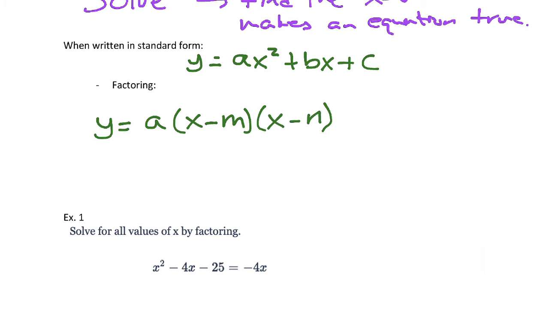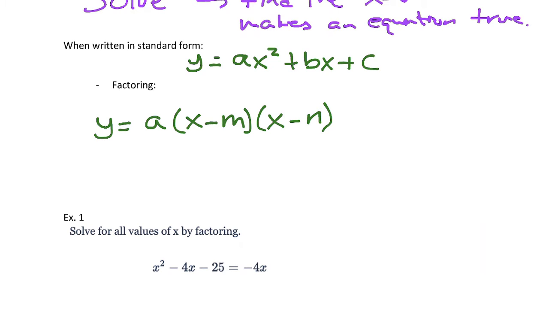Now, most of the a values that we're going to give you in this unit is when a equals 1. If a is equal to 1, I'll just do a couple of examples. So factored form means to break it out like this.